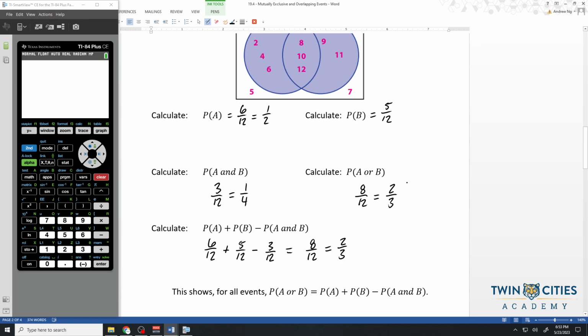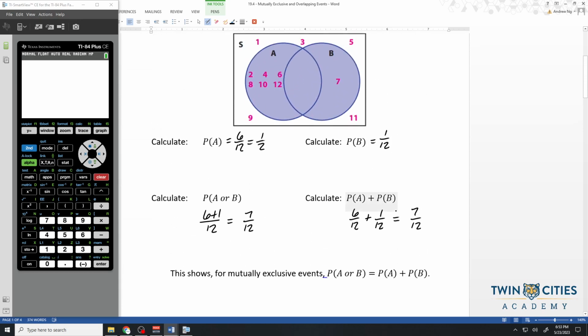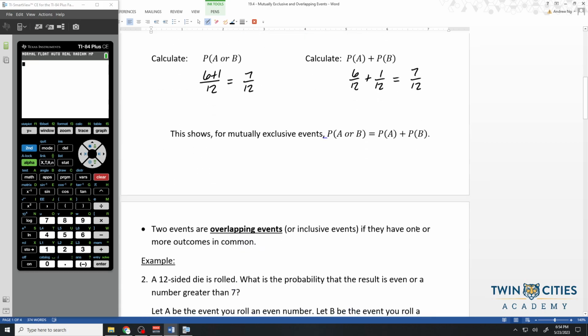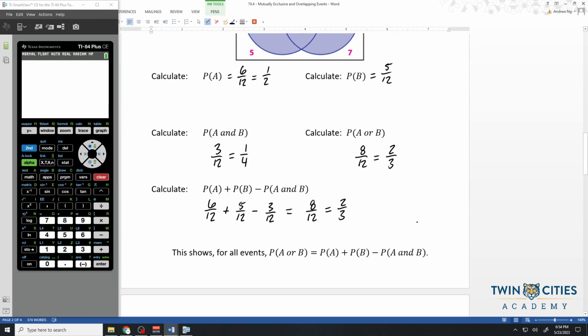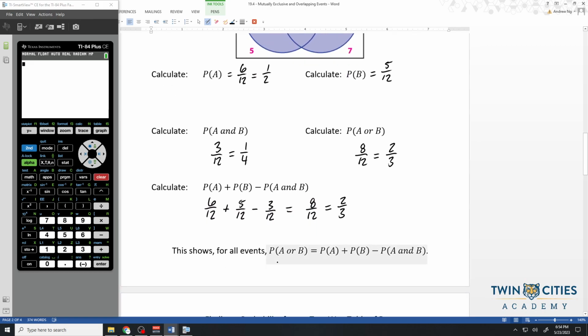So if I go back to the last result, here I said I could just do the probability of A plus the probability of B. Well, really, if I do the probability of A plus the probability of B minus the intersection, it will also get me the probability of A or B. Because this would be 6 over 12 plus 1 over 12, and then minus 0, because there's no overlap. So this formula here actually works for all of my problems, whether these are mutually exclusive or they are overlapping.